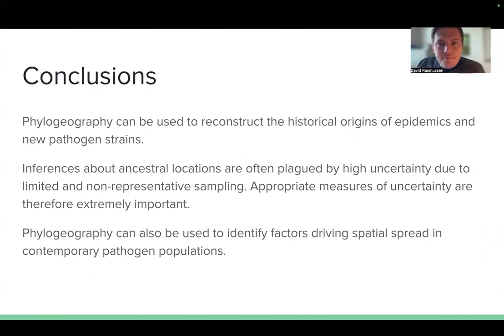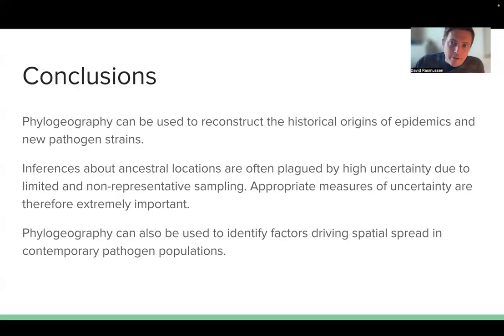All right. So that wraps up our lecture on phylogeography. I think what we've seen is that we've gone from a world where people were primarily interested in using phylogeography to reconstruct the origins and ancestral locations of different pathogens, including important pathogens like Phytophthora, which people are still very much doing.